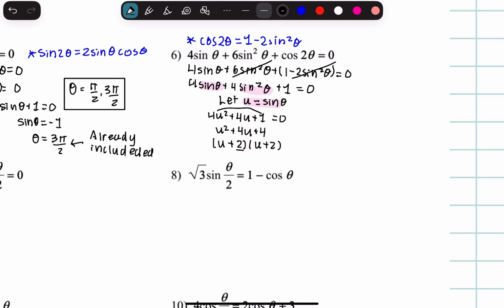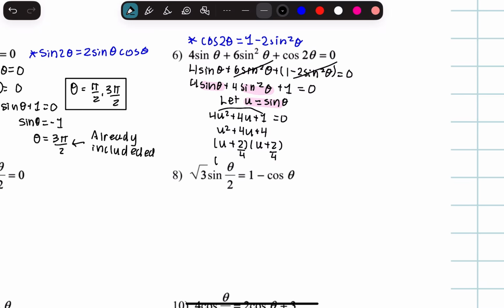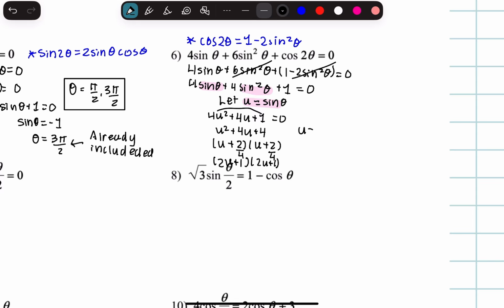Then you have to divide each by 4. Oh, sorry, that's just 2u plus 1 and 2u plus 1. So now we know that u is going to be -1/2.